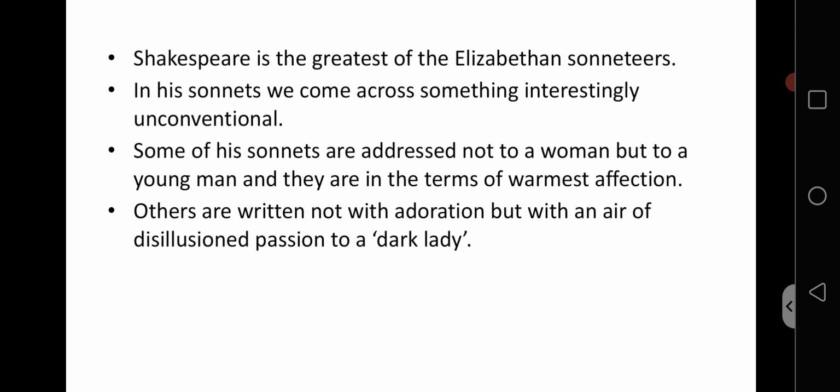So some of his sonnets are addressed to a young man, and the remaining sonnets are addressed to a dark lady. But we see there is a kind of disillusionment as far as these sonnets are concerned. The writer is disillusioned about love.